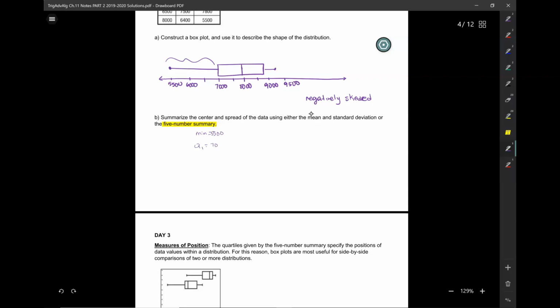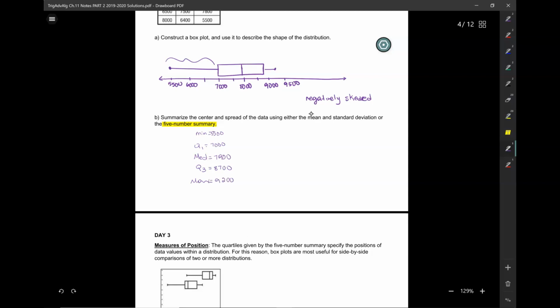Q1 is 7,000. So I kind of knew how this was going to look, and I knew I was going to write it again here. That's why I didn't write these numbers before. Q3, 8,700. And then the maximum is 9,200, right?